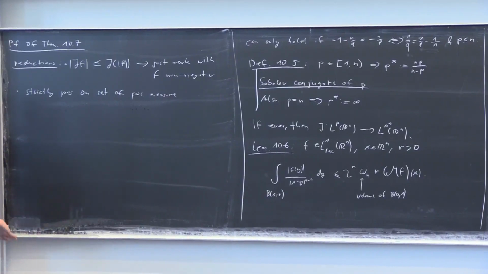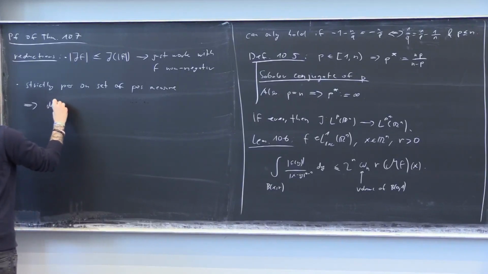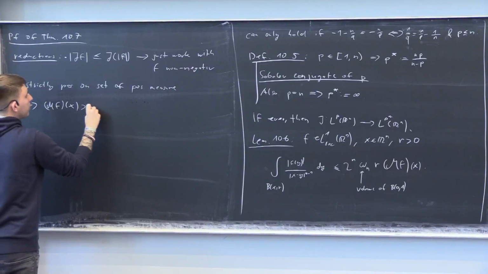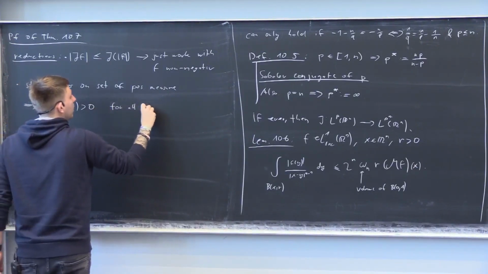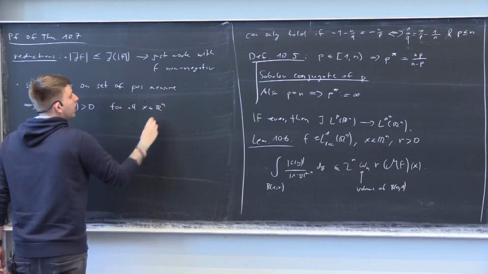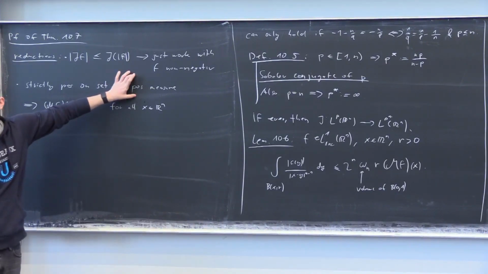And why is this helpful? This implies in particular that the maximal function Mf(x) is strictly positive for all x. Why is this the case? You simply fix some point x and you take some ball that is large enough to contain the set of positive measure.